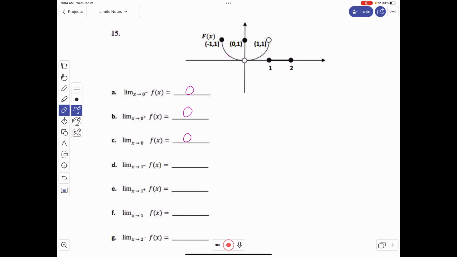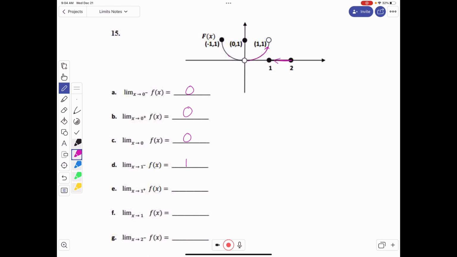All right, if I approach 1 from the left side, my answer is going to be 1 because I'm going that direction there. If I approach 1 from the right side, I have to look at this part of the line where the graph exists.